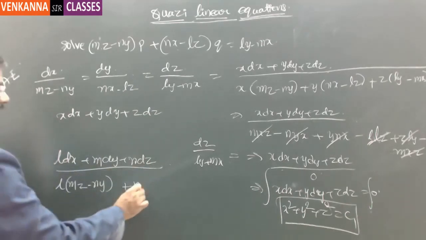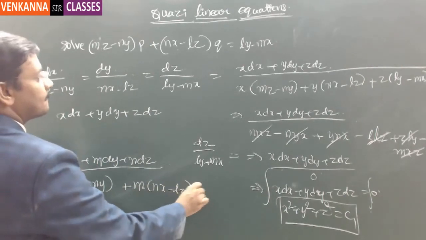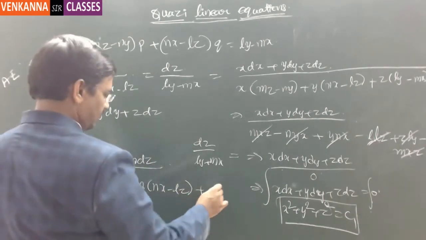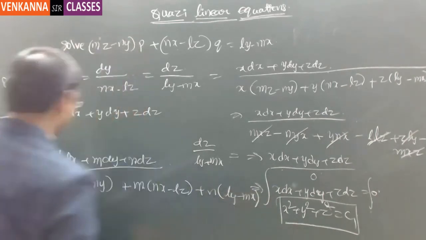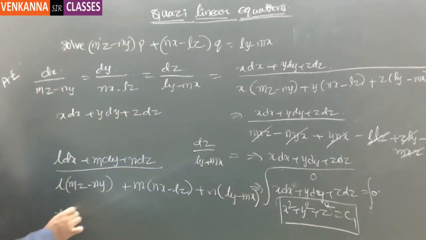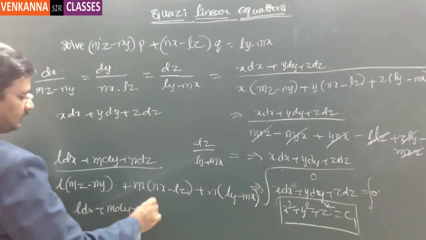So this is m times of nx minus lz plus n times of ly minus mx.